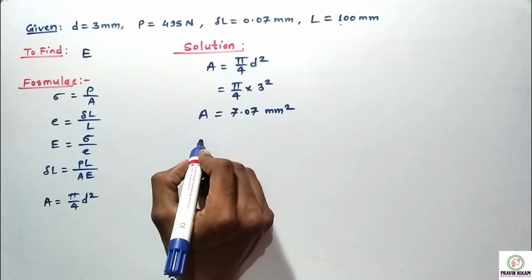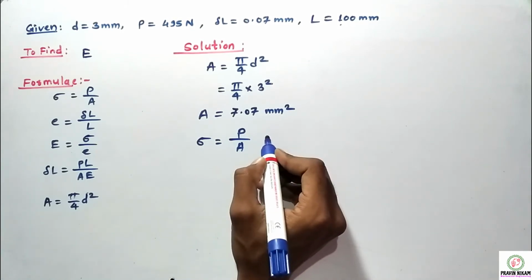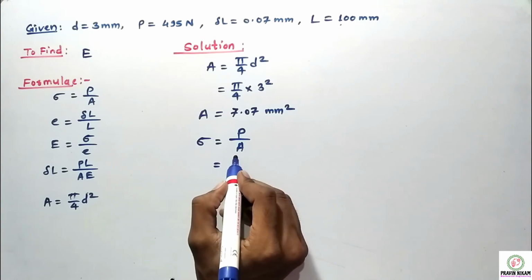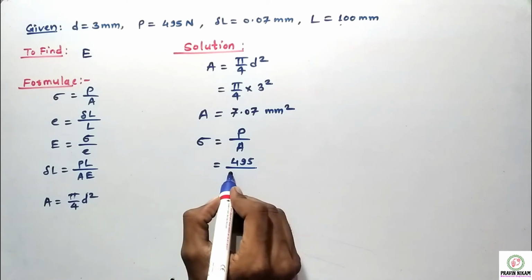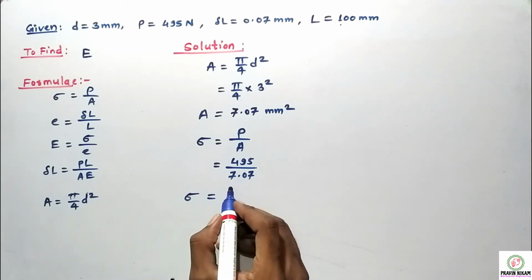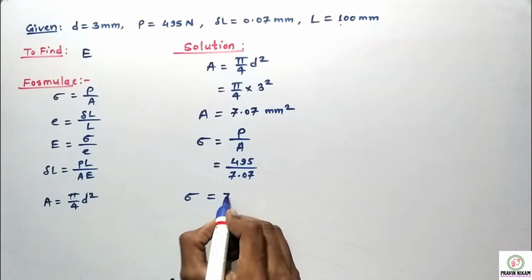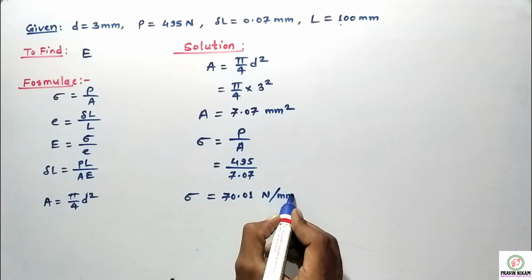Next step is sigma. Sigma is equal to P divided by area. Now what is P? P is 495 Newton divided by area 7.07. So sigma is equal to 70.01 Newton per mm square.